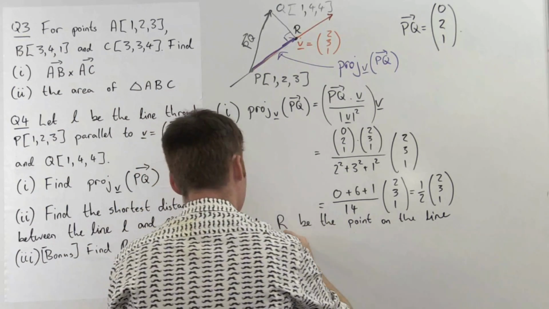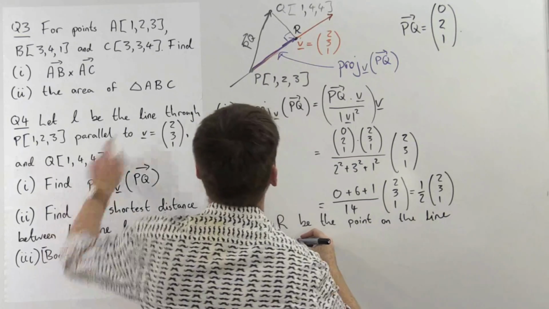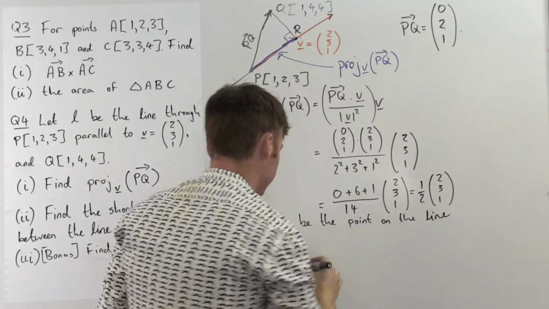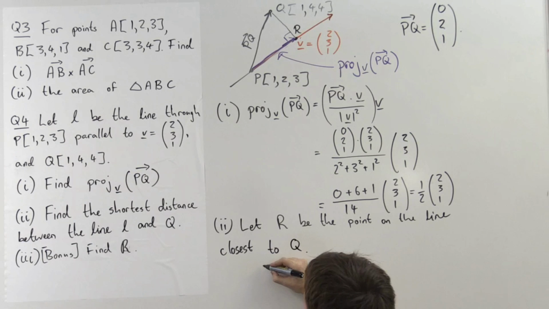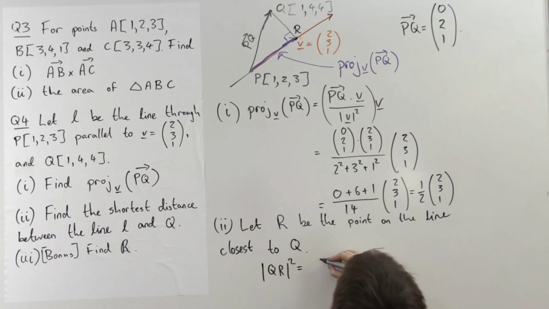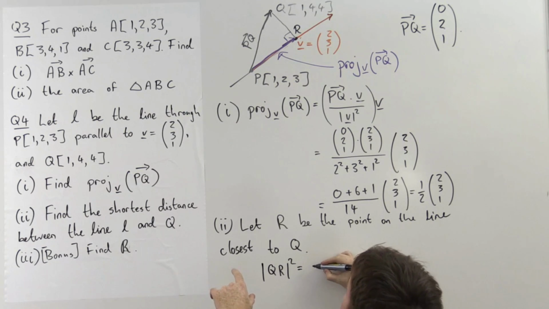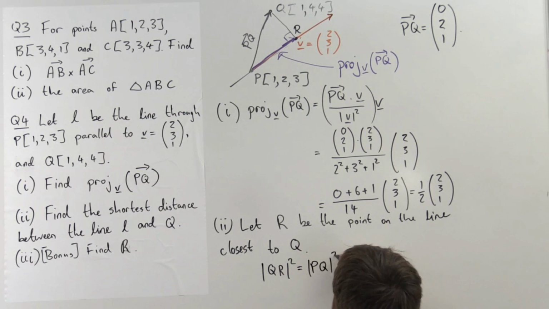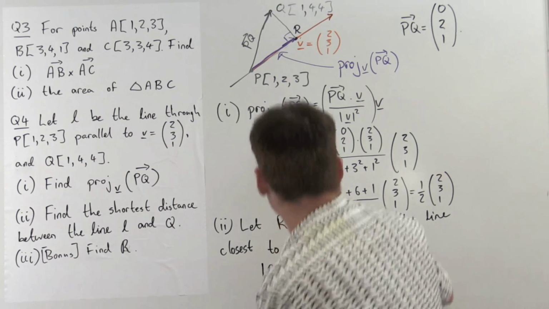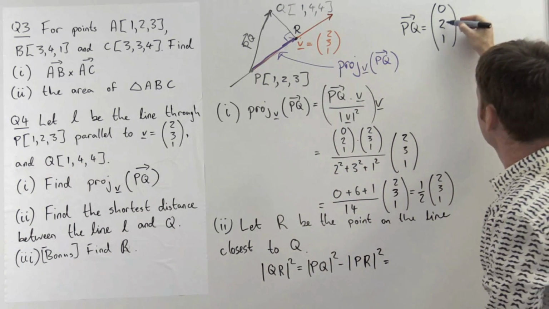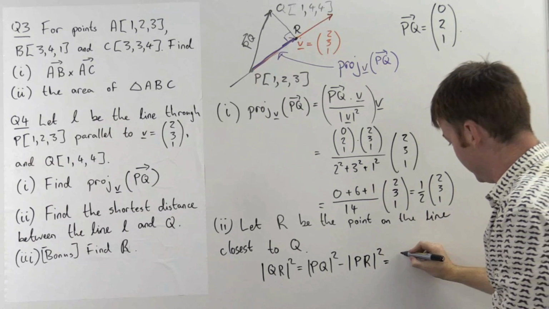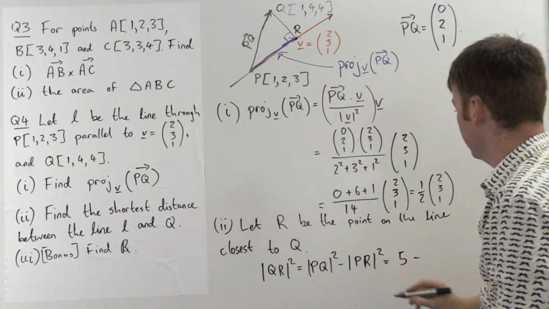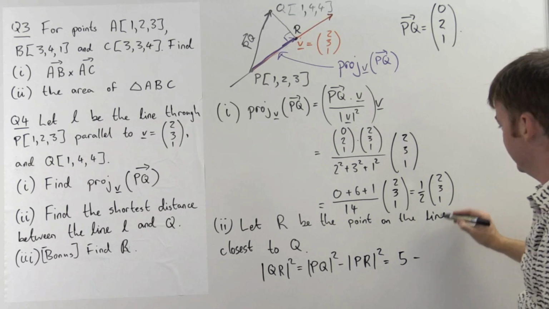Let R be the point of the line closest to Q. Then, let's see, QR squared is equal to PQ squared minus PR squared, which is equal to PQ squared. Well, that's just 4 plus 1, which is 5, minus PR squared. That's, I have to work for this.